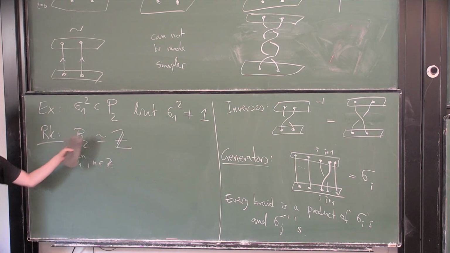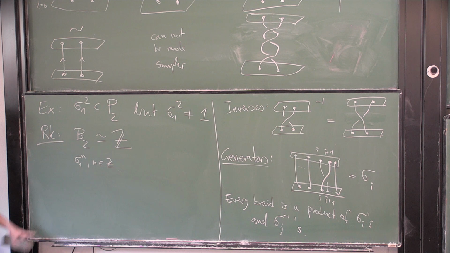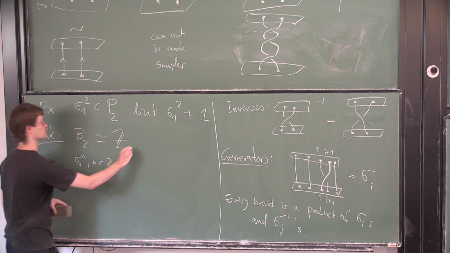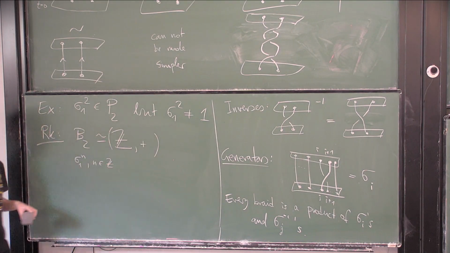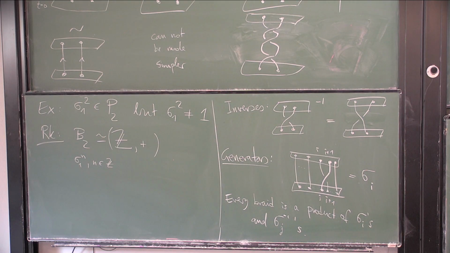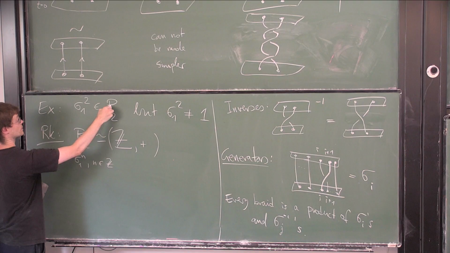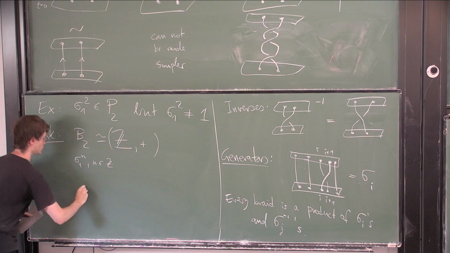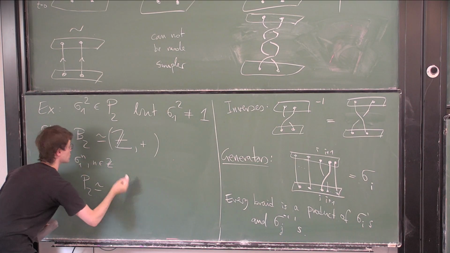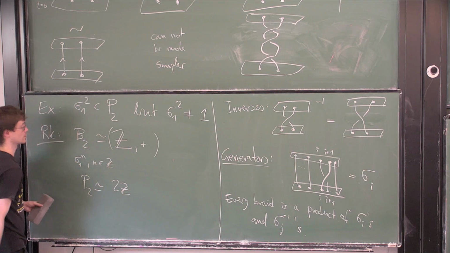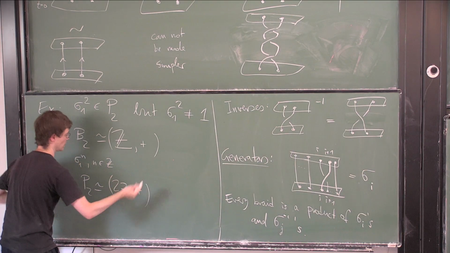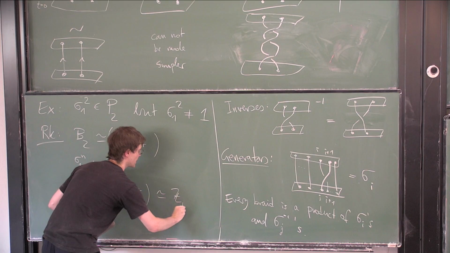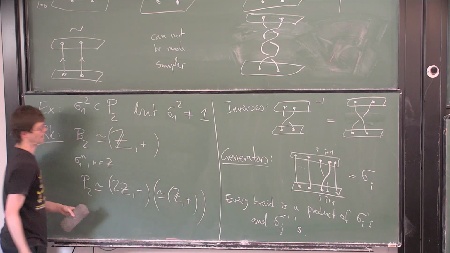So it's literally the integers, and if you multiply sigma 1 to the n by sigma 1 to the m, you get sigma 1 to the n plus m. So it's an additive group. And so P2 is isomorphic to 2Z, the even integers. But of course this is isomorphic to Z again.